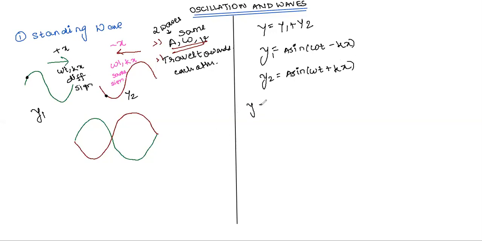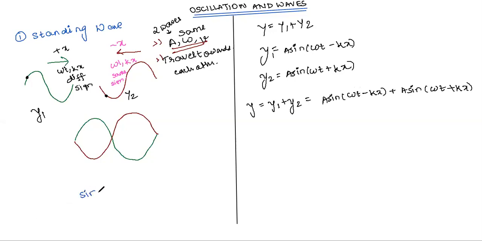So we were doing this calculation last time when the class ended. We were doing y1 plus y2 is equal to a sine omega t minus kx plus a sine omega t plus kx. Anukriti, am I right? We were here, right? Yes, sir.